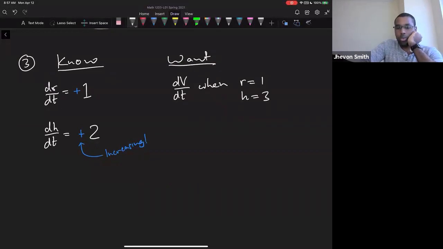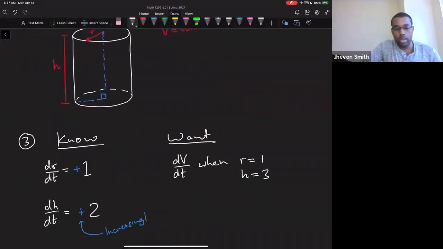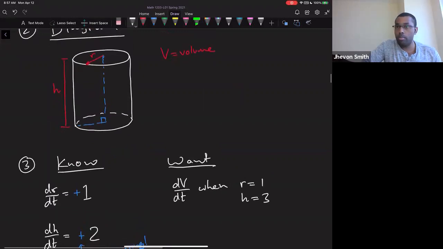Okay, so that's what we know, and that's what we want. And this is our diagram. Once we've written down these equations and drawn this picture, you actually don't need to even look back at the word problem anymore. We know what we want. We have all the required information, and we can just continue.